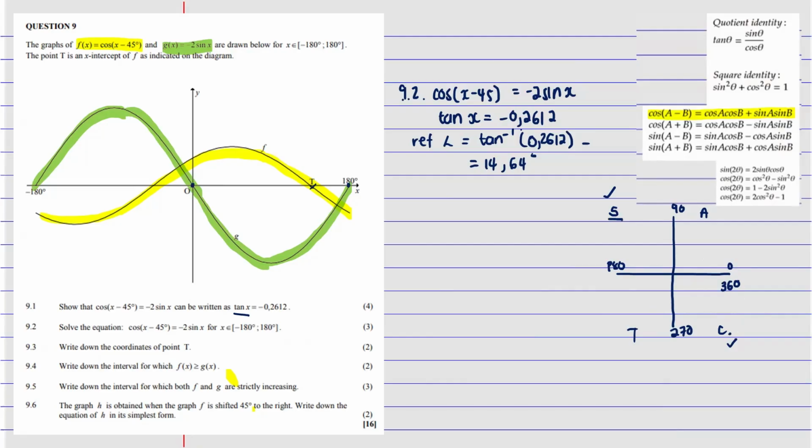Yes, ma'am. So with that said, our answer needs to lie here, which is going to be 180 minus the reference angle.